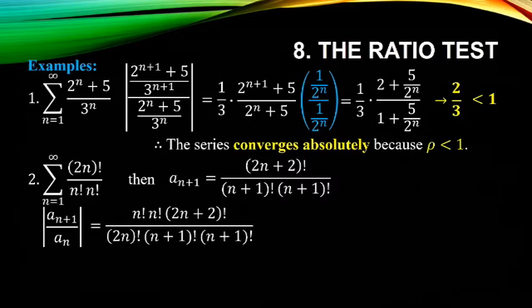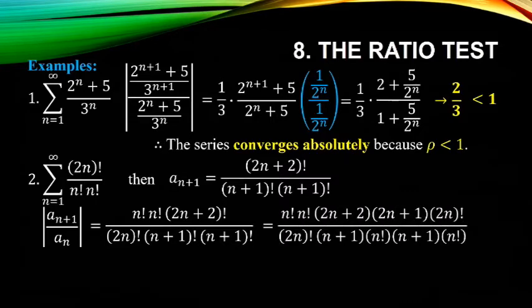Now we can expand to get a common factor so that we can cancel things out. We have 2n plus 2, and the next factor is 2n plus 1, then minus 1, we have (2n)!. So we can cancel (2n)! with the (2n)! in the denominator. And for (n plus 1)!, the next would be n!, so we have two n! here and here.